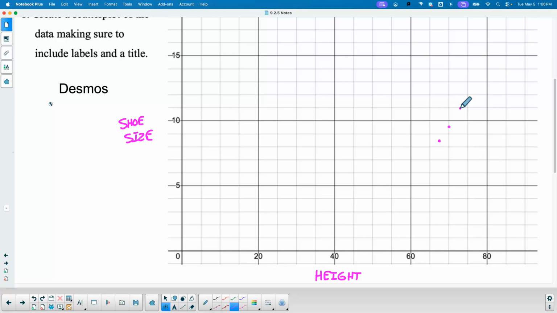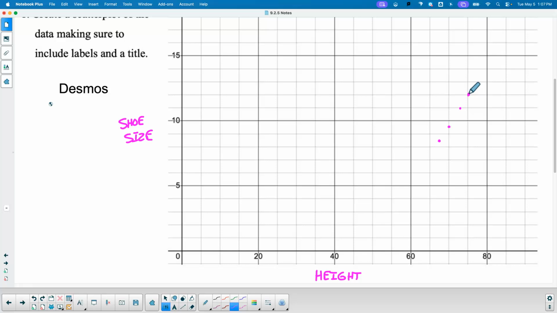Based off of the first 3, does our data seem to be correlated? Yeah, okay. Next one. 78 and 12, or is it 75 and 12? 75 and 12. Still in that same correlation. Looking pretty strong, right? Okay.